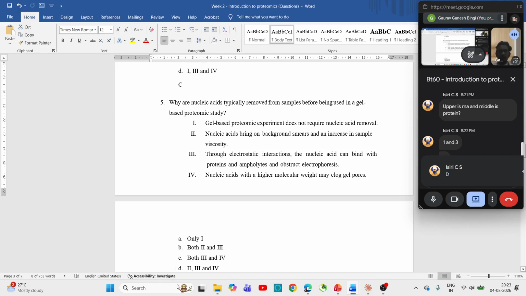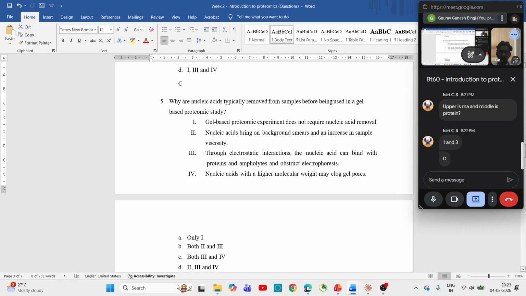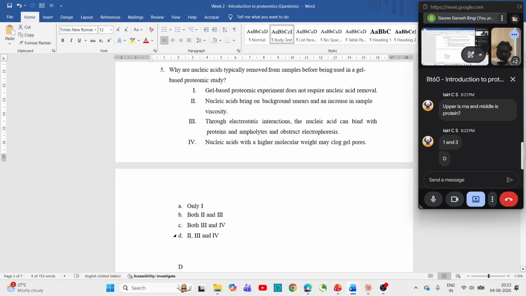Because nucleic acid being smeared through electrostatic interactions, the nucleic acid can bind with proteins and ampholytes. Nucleic acid with higher molecular weight may clog gel pores. Yes.